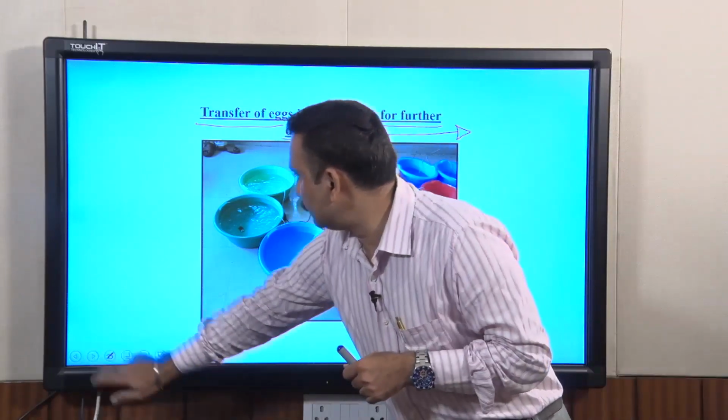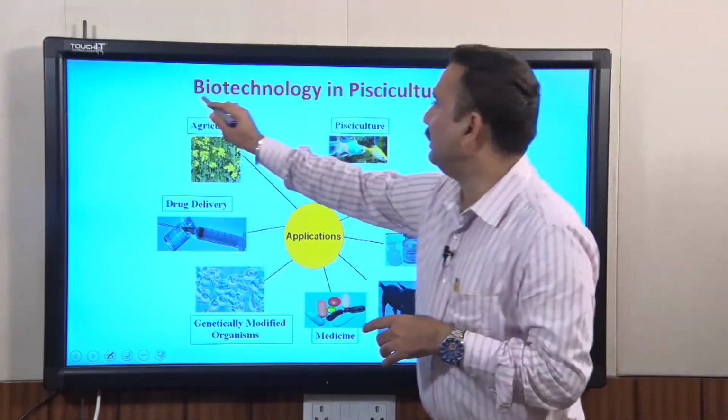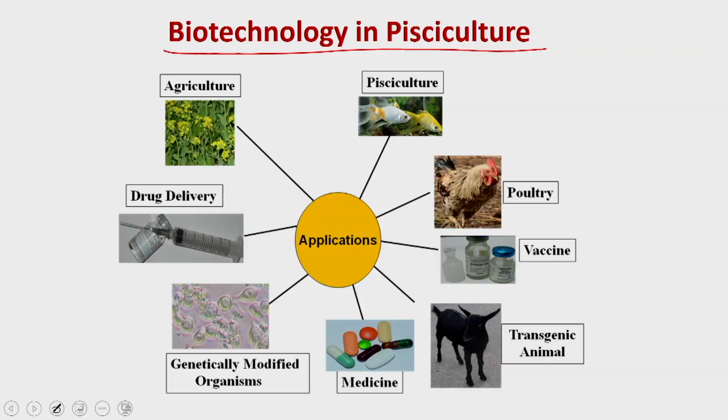So, this is all about the application of biotechnology in pisciculture. As you can see, biotechnology is affecting human society and the human standard of living in many ways.